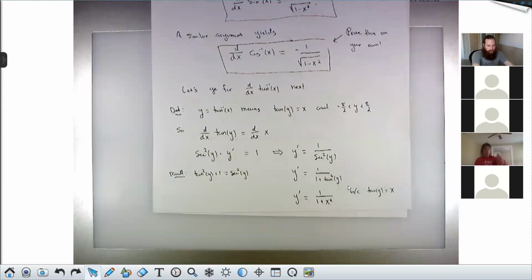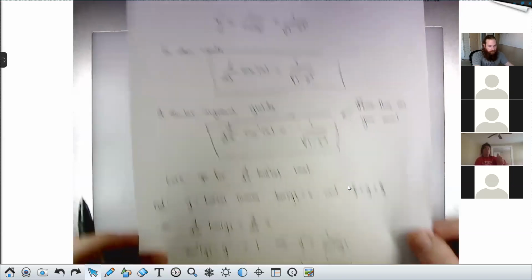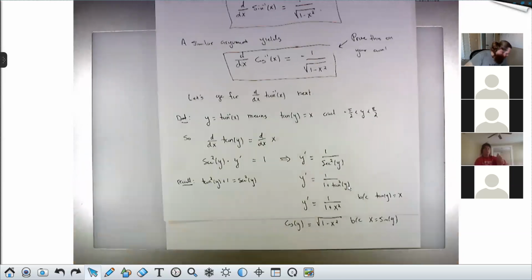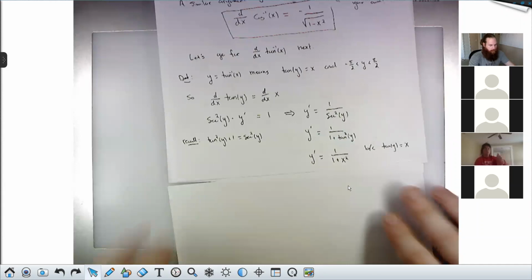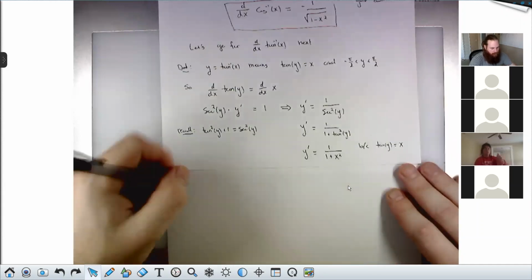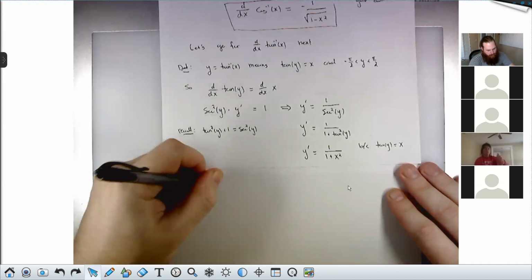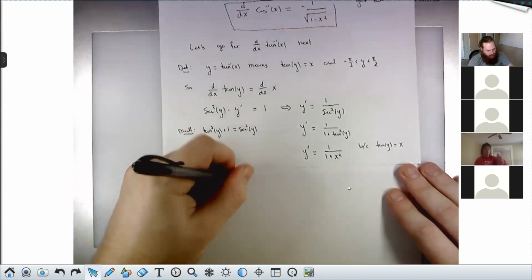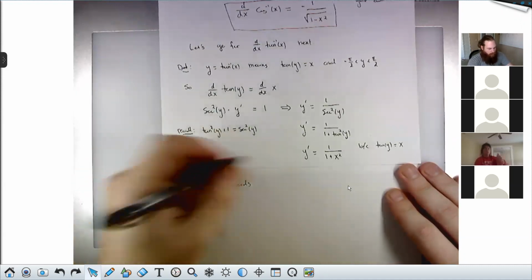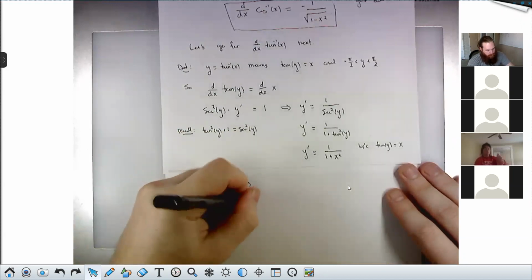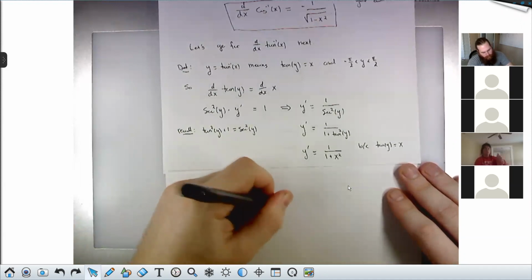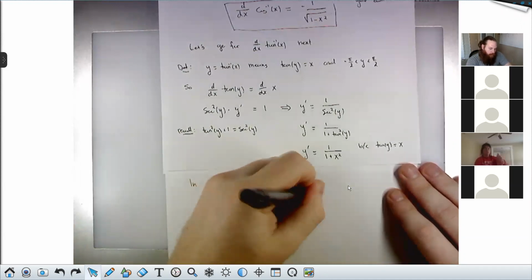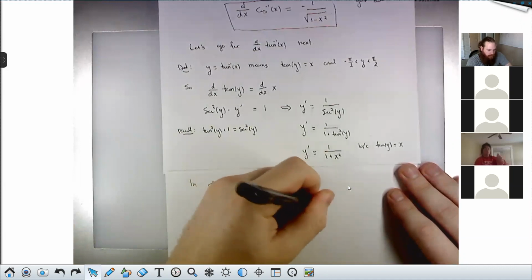So summarizing, sorry, here, let me leave this there. I don't want to clutter things. In other words, d/dx of the inverse tangent of x is 1 over 1 plus x squared.